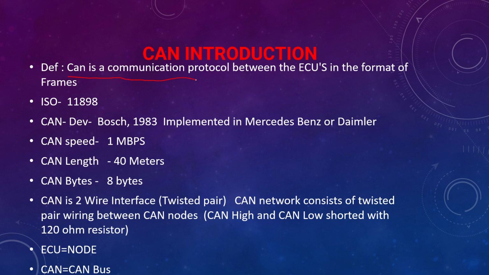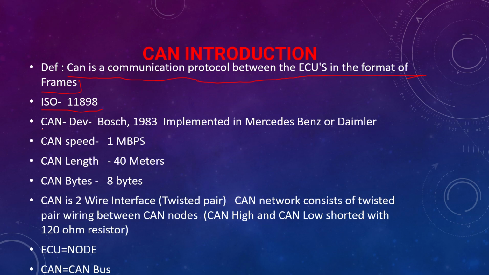See here, this is the definition of CAN. CAN is a communication protocol between ECUs in the format of frames, with different frames or messages going from one ECU to another. What is the ISO number of CAN? It is 11898, the ISO certified number.